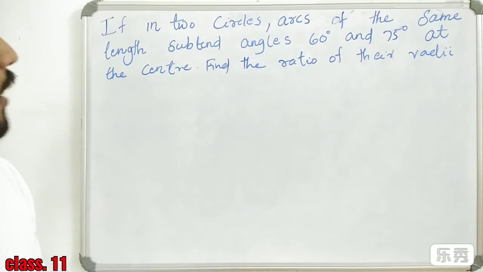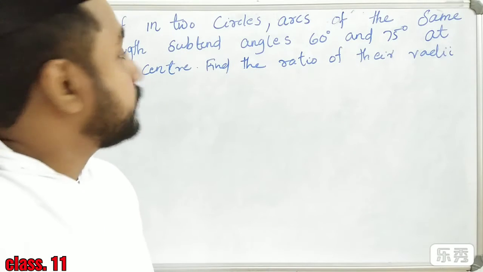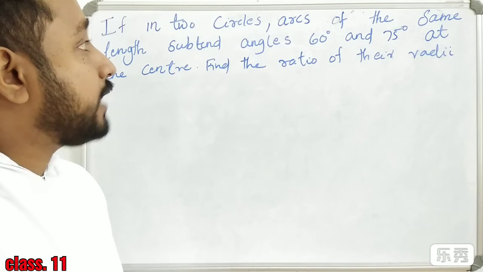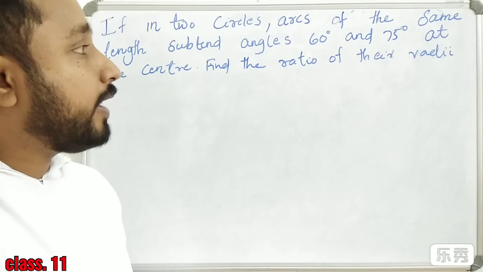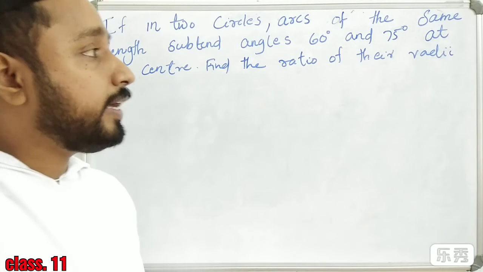Another question. If in two circles, arcs of the same length subtend angles of 60 degrees and 75 degrees at the center, find the ratio of their radii.